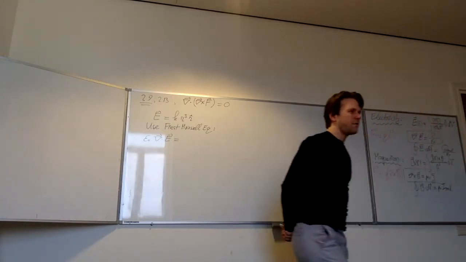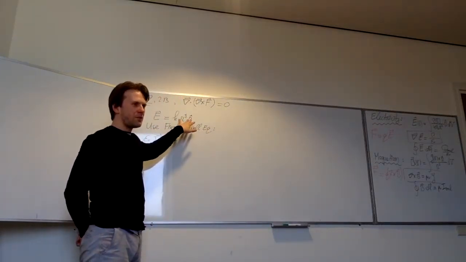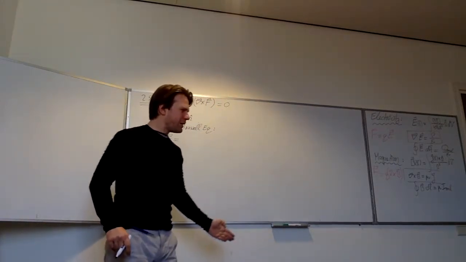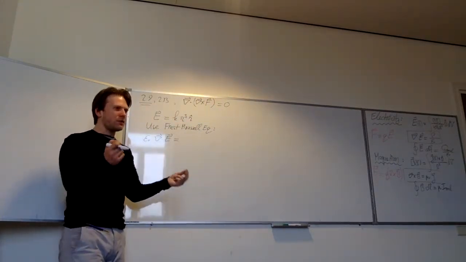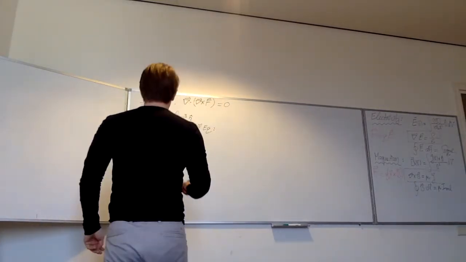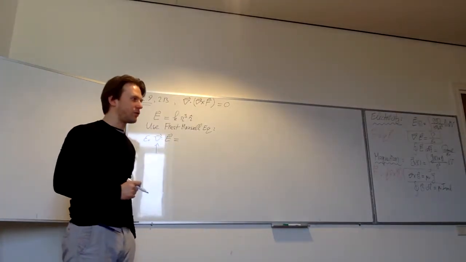If I just walk away from you in a radial line, this will give me immediately how strong my electric field is at some point. However, if I do the same radial walking, then I see that my x is changing and my y is changing, so it becomes this complicated mess. So might as well do it in spherical coordinates. So that means this one we have to rewrite in terms of spherical coordinates.